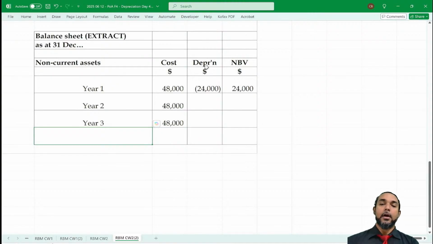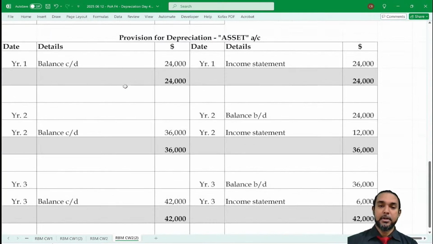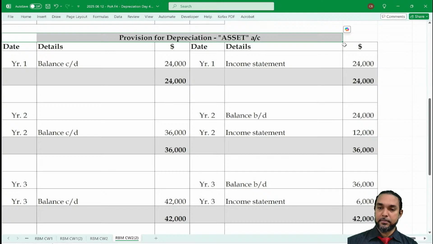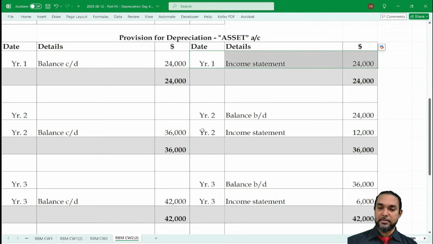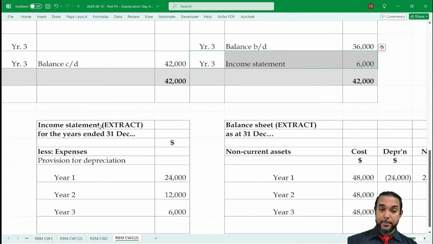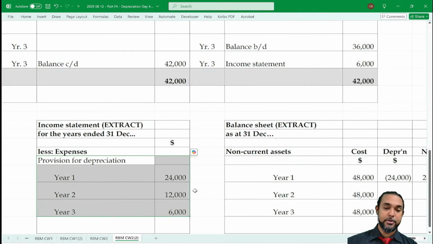The depreciation figure, that's for the balance sheet. If the income statement figures went in the income statement, like for example, in the T account for depreciation, these figures of 24, 12, and 6 went in the income statement, in respect of the provision for depreciation.